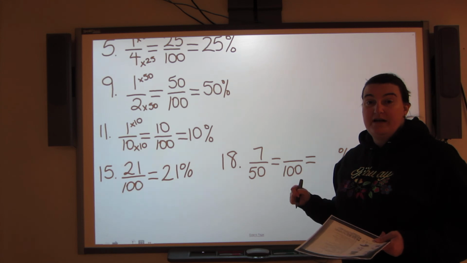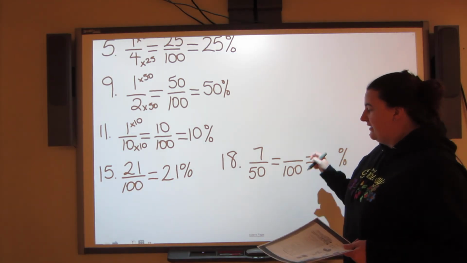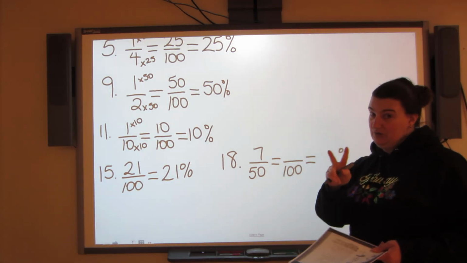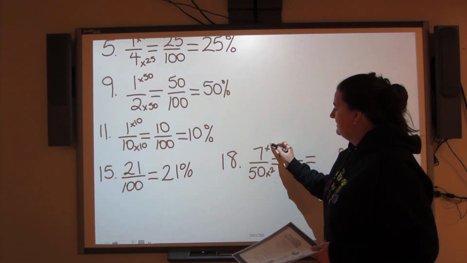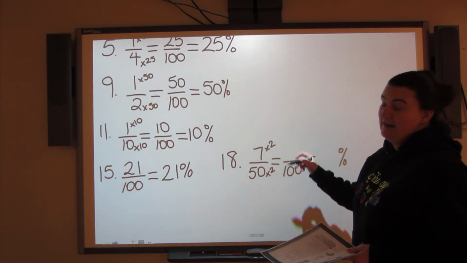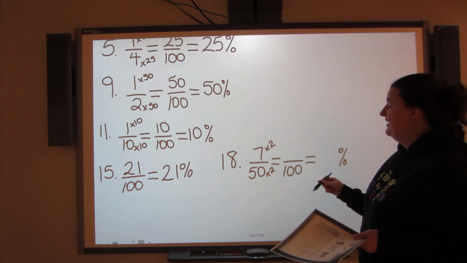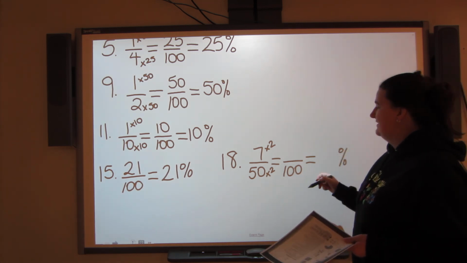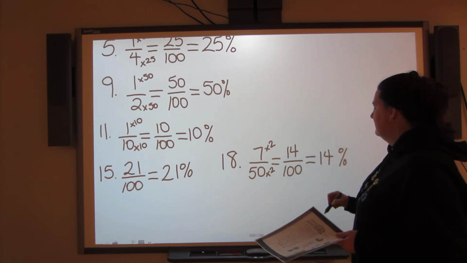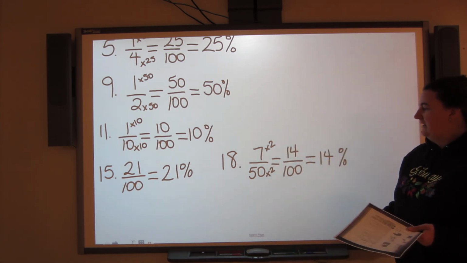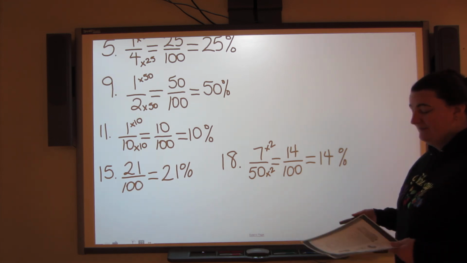So using your 100 math facts, you know that 50 times 2 is 100. So that means 7 times 2 is going to get you your new numerator, which is going to be your percent. 7 times 2 is 14. So 7 over 50 is 14%.